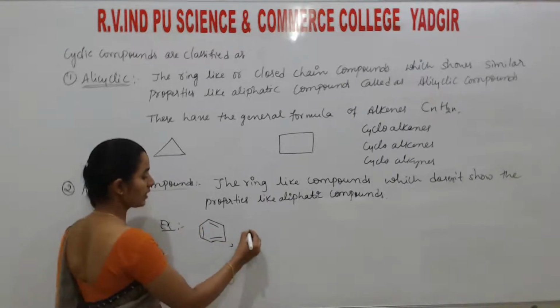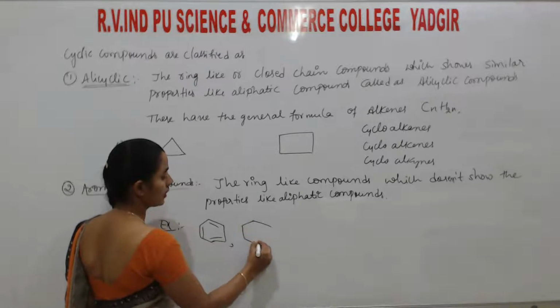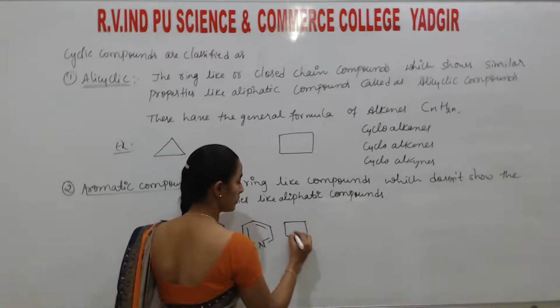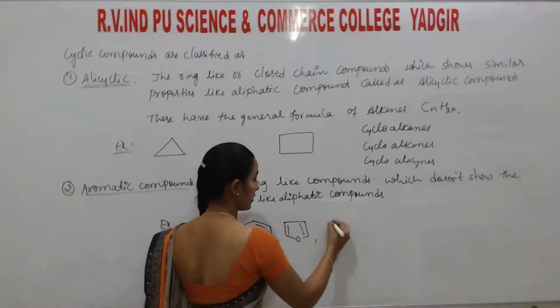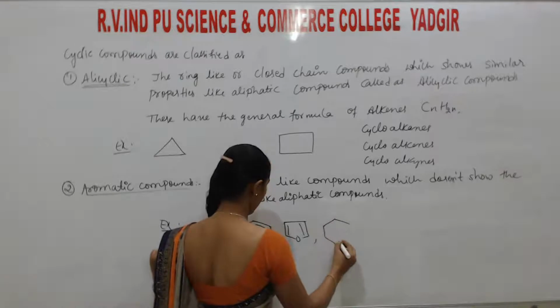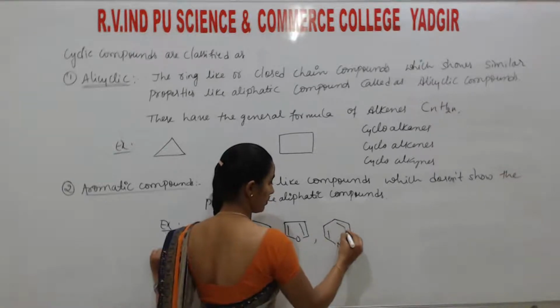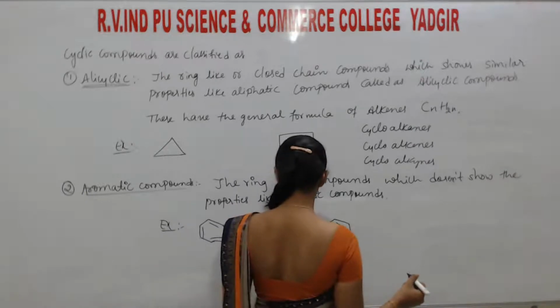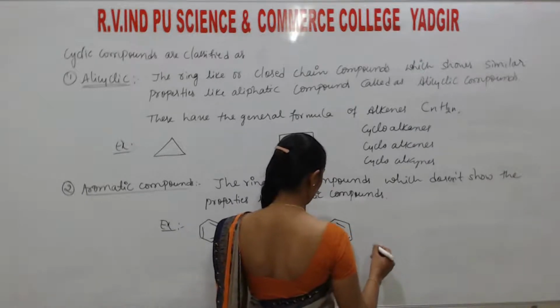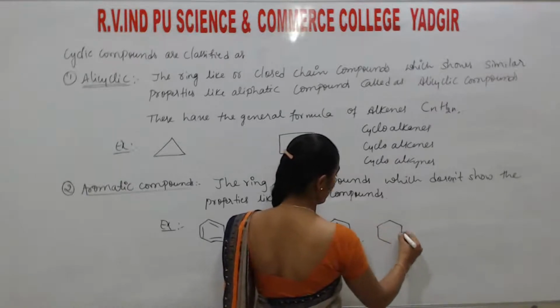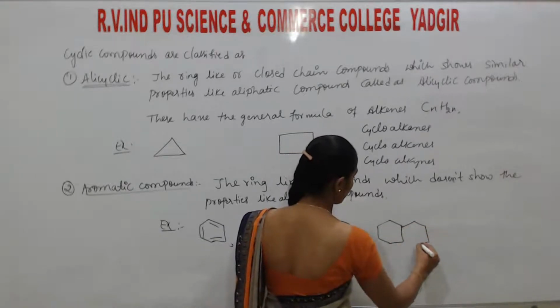Okay, so this one is there. This pyridine is there. Again, pyrrole is there. Sorry, furan is there. This one is pyridine. Another one, anthracene is there, naphthalene is there.